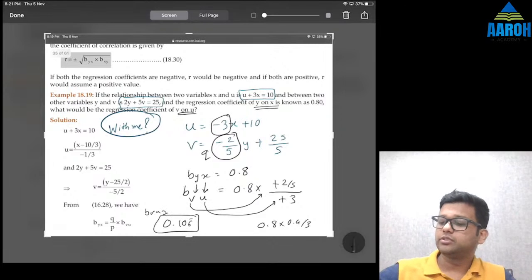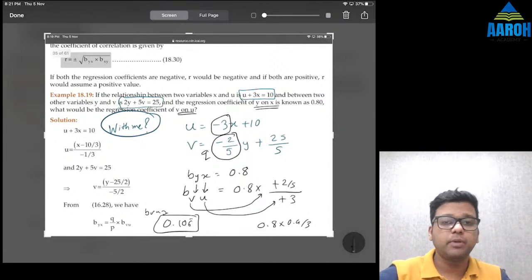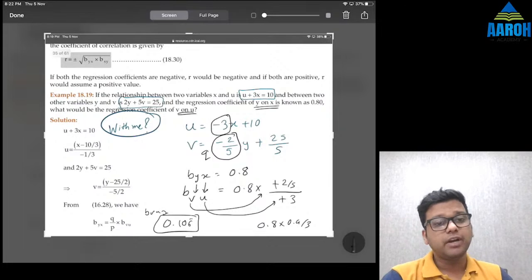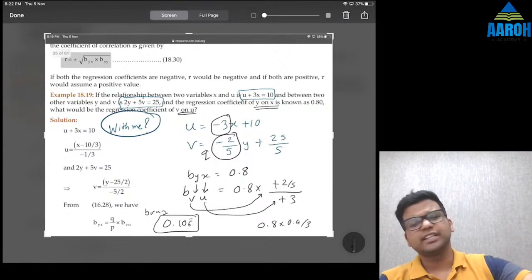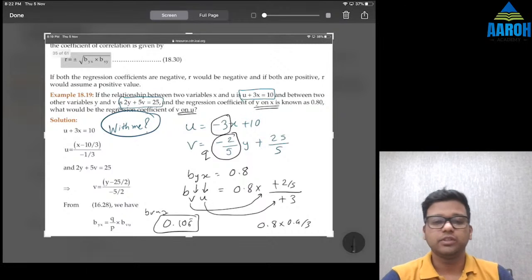Let me know if everyone has understood this. This is one of the very important parts of this chapter, because this is the part where everyone makes silly mistakes. If you take Q by P or something like that, then you're wrong.